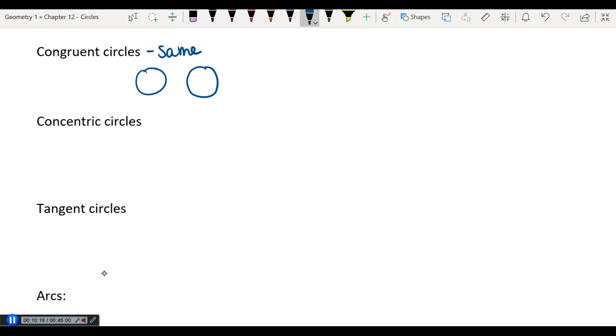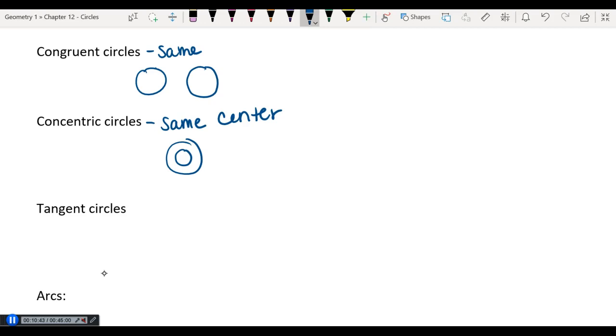Concentric circles mean they have the same center point. Okay, so they have the same center, meaning it looks like a donut. That's what concentric circles look like. They have the same center point. Okay, so it looks like a donut.